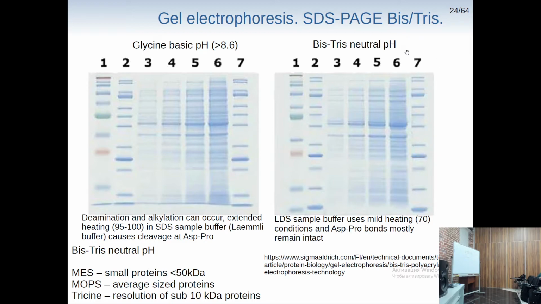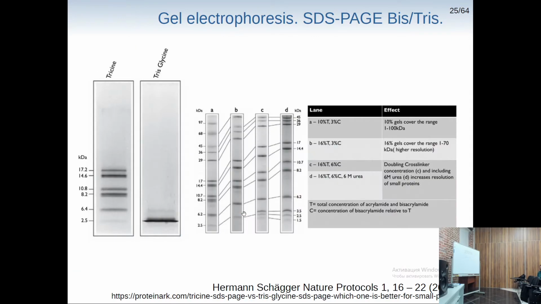With neutral pH, these Tris will have a little bit different pH for the zwitterionic form. You will have fewer of those spontaneous modifications, and as you can see, these gels look a little bit clearer, in fact. So, not only glycine is used, but also other forms, and you can use neutral gels as well.